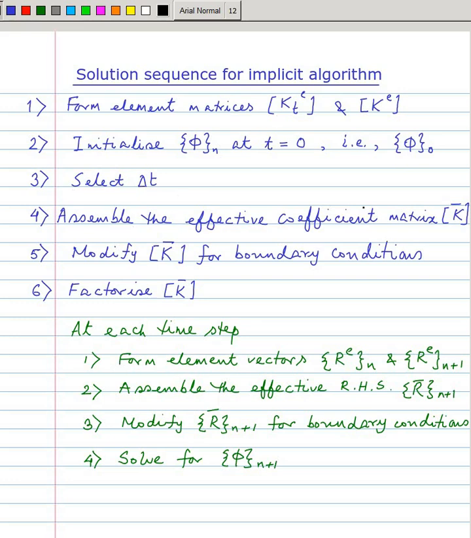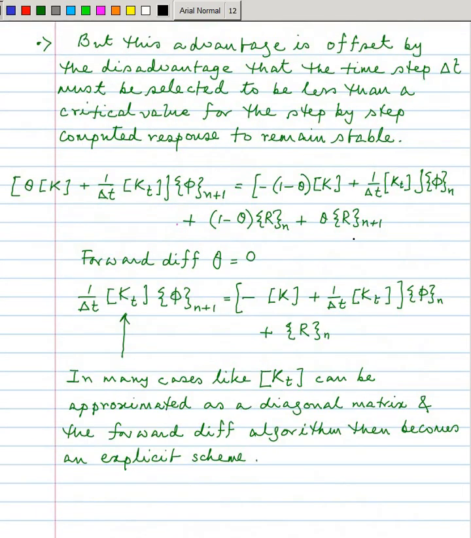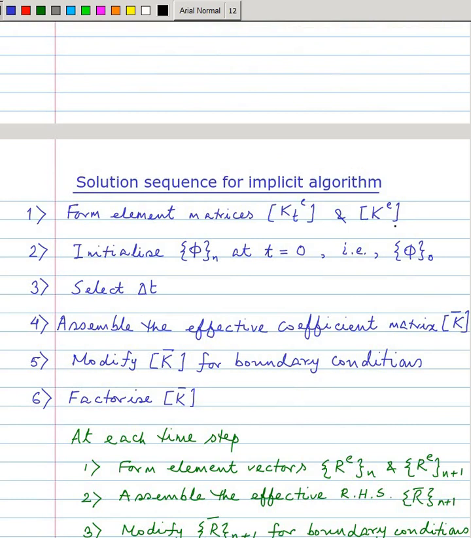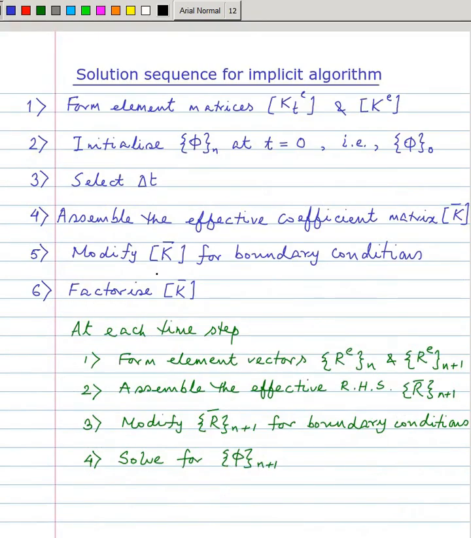Then you have to assemble the effective coefficient matrix K bar from the element matrices, and then modify this K bar for boundary conditions. Then you have to factorize this K bar. Suppose you are familiar with the LU decomposition scheme or LDL^T decomposition scheme, you can factorize it using an LU decomposition scheme.